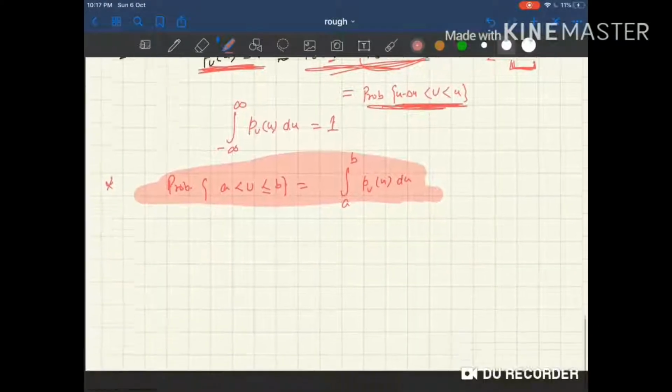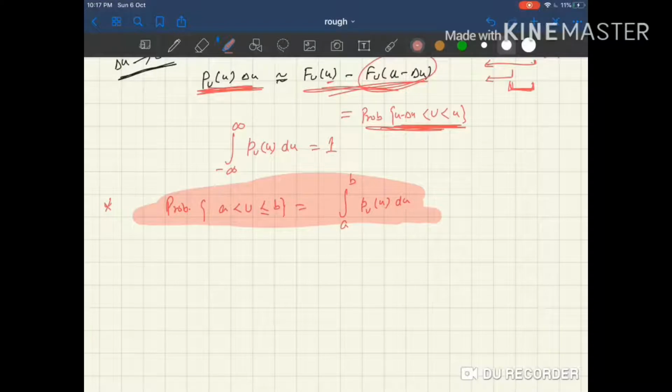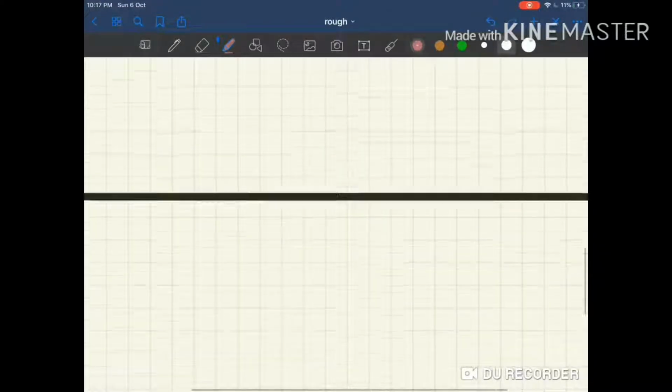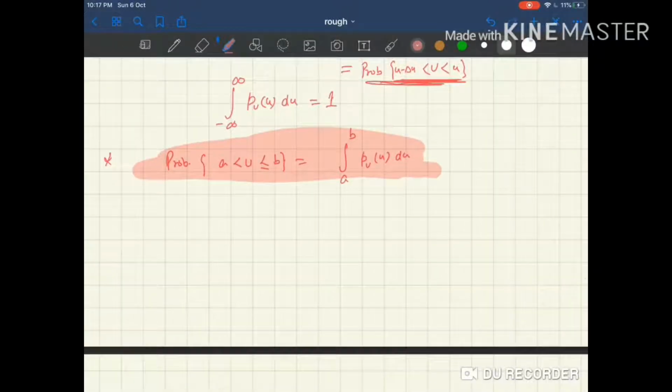Okay. Now, not always do you have a continuous probability density function.